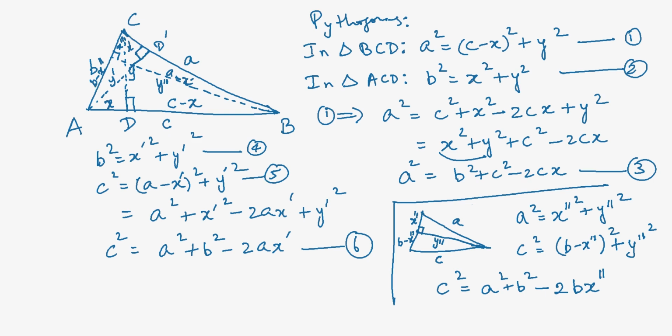Now look at the x. What is x? X is actually our AD, right? Yes, x is AD, correct. So look at the x length and at the right angle triangle involving x. I would write it as triangle ACD, right?